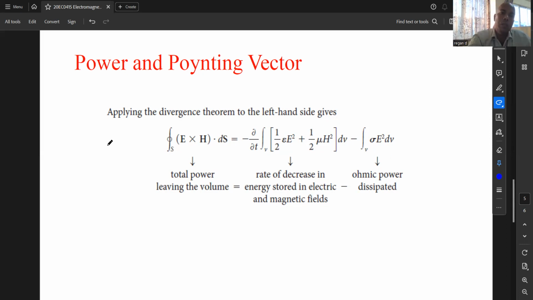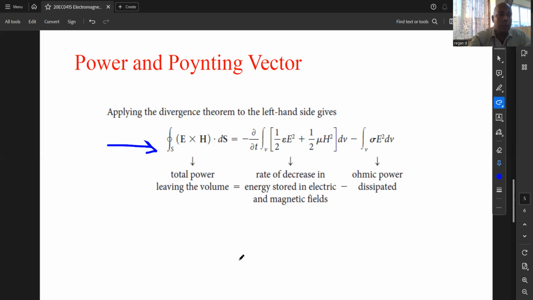From these equations, what we understand is that the total power leaving the volume, that is through the surface of the volume, is equal to the rate of decrease in energy stored in electric and magnetic fields minus the ohmic power dissipated.